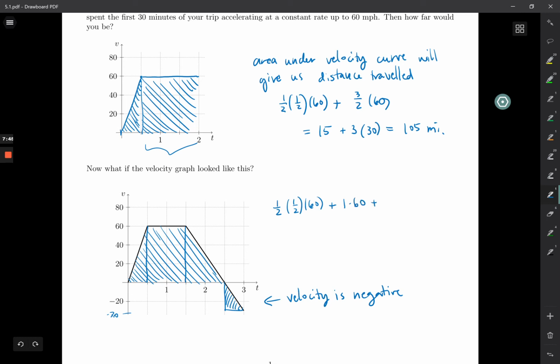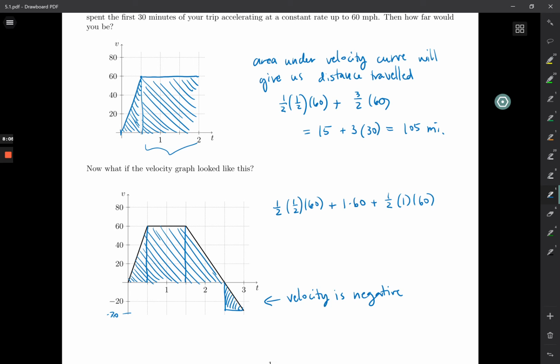And then we have one more triangle. It has width 1 and height, we take 1/2 times the base 1 and height 60. Okay, so that is all of the area that lies above the graph.